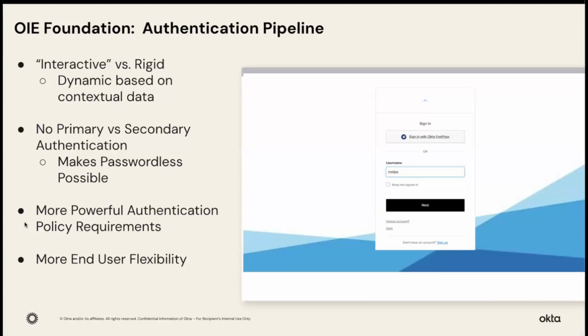Here, you can just define characteristics of the types of authenticators that you want to allow or require, and the user still has the flexibility to choose the specific type and the order as long as it meets the requirements that you've set forth in your policy. So all of this gives you more power as an admin in adding additional security requirements around your policies, but at the same time, it allows for more end user flexibility in how they satisfy those requirements.